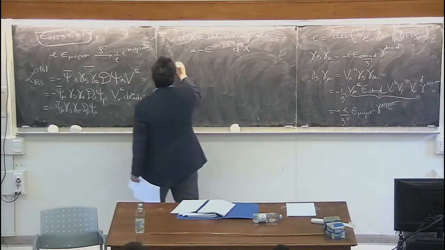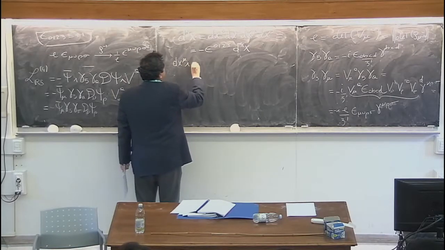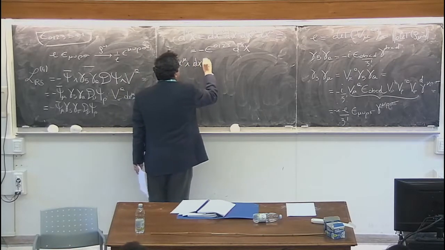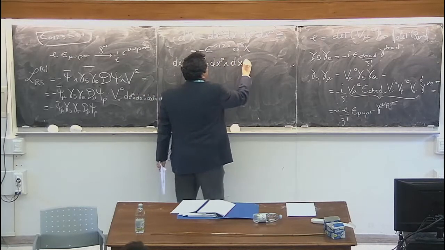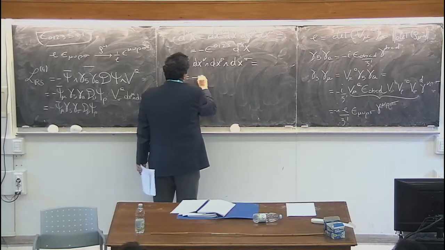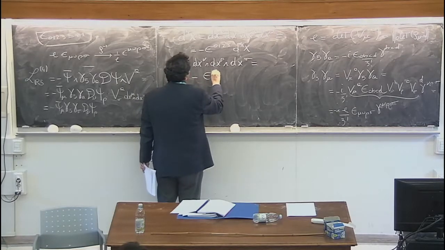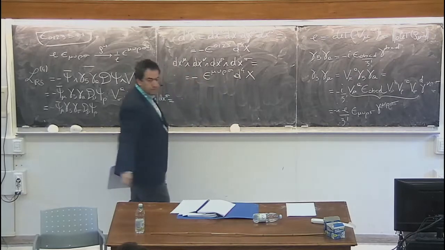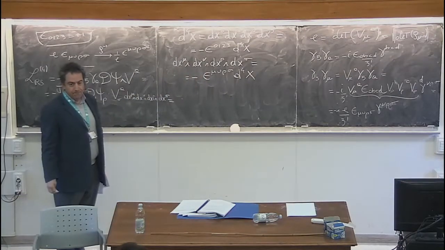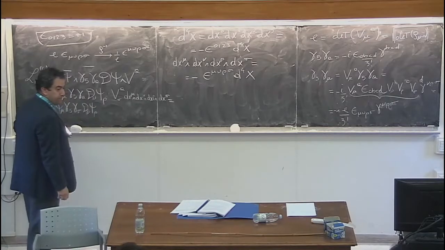So this means that dx mu wedge dx nu wedge dx rho wedge dx sigma is equal to minus epsilon mu nu rho sigma d4x. Let's write it here.